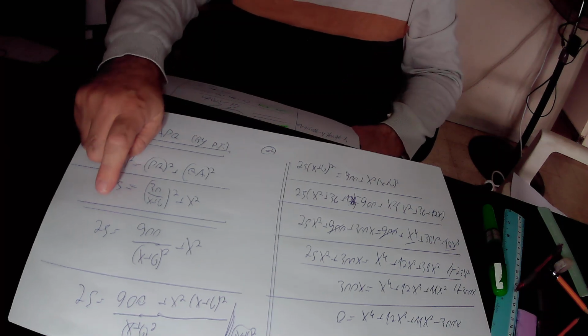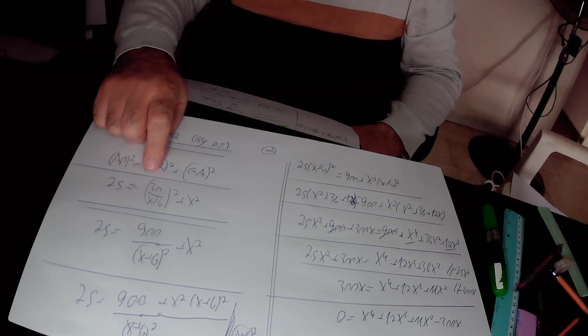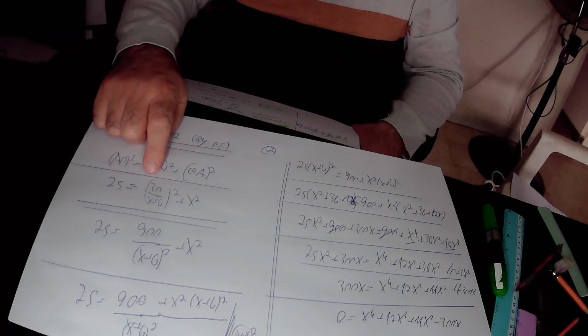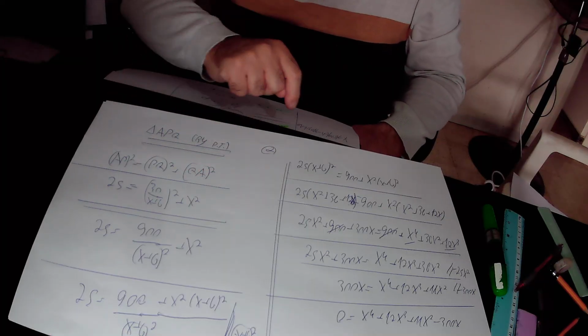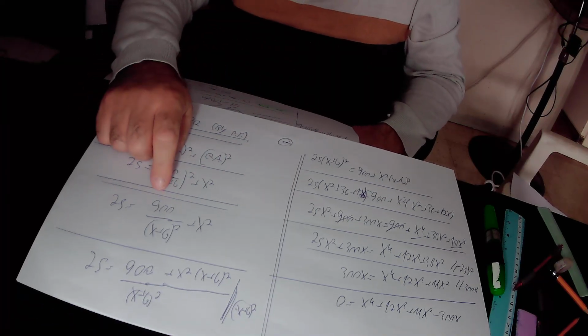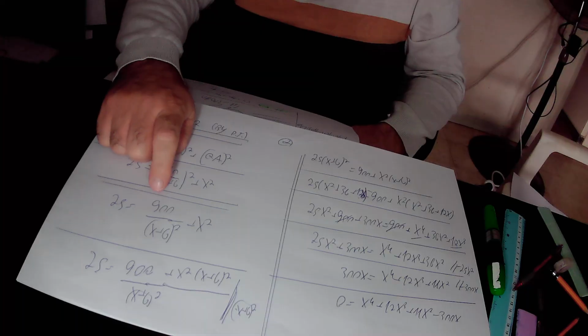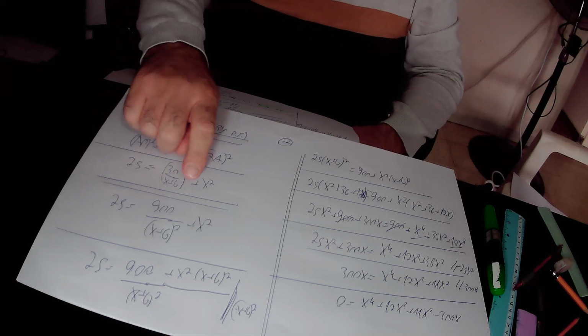So 25 equals (30 over x plus 6) squared plus x squared. (30 over x plus 6) squared equals 30 squared, that is 900, over (x plus 6) squared, plus x squared. So we have 25 equals 900 over (x plus 6) squared plus x squared.